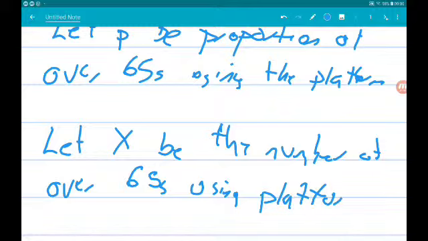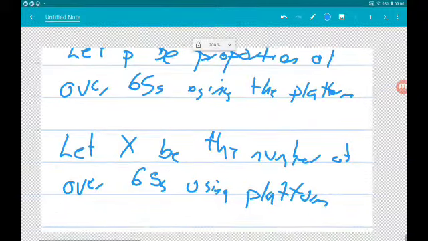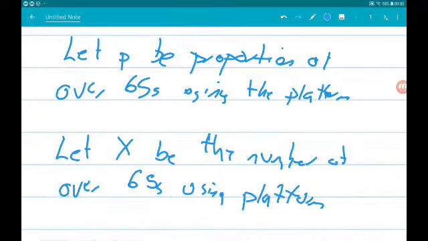Now that might sound pretty much identical, but remember, proportion is essentially the probability, and the number is, well, the number. Okay, so now we need our two hypotheses.